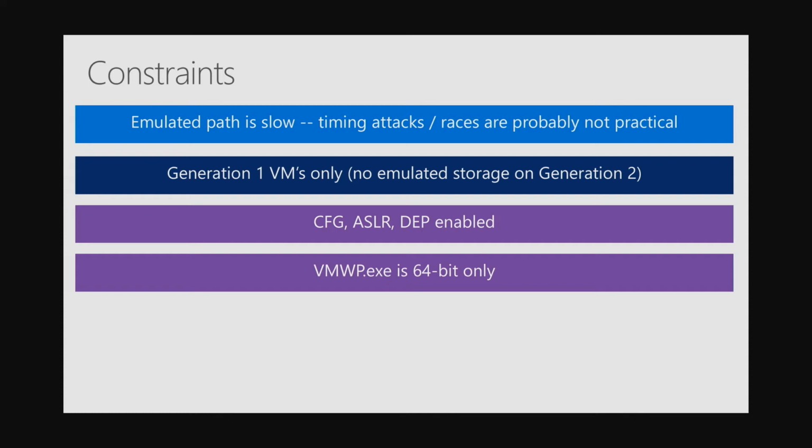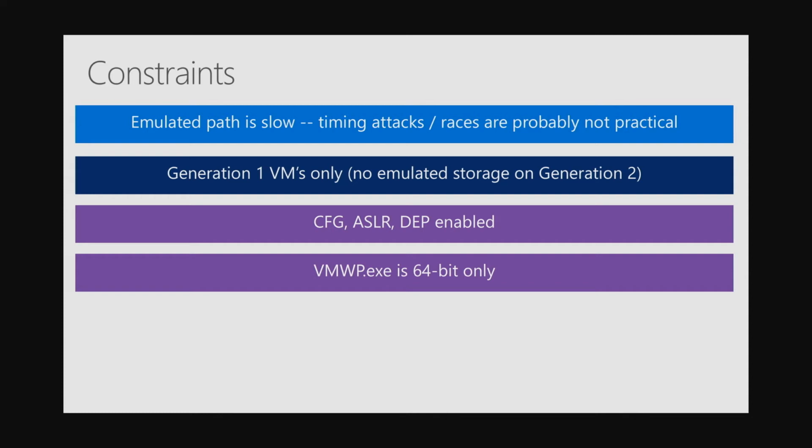I'm also limited to only using Generation 1 virtual machines. Hyper-V has 2 generations of virtual machines. The emulated storage stack is not supported on the 2nd generation. And really all that means is that I have a more limited set of devices that I can use to try to do things like heap massaging or build other primitives out of.